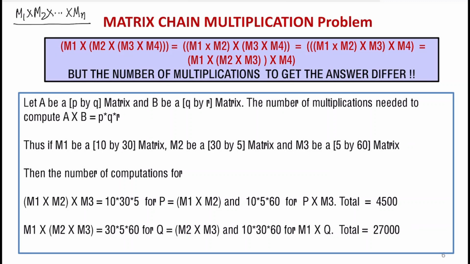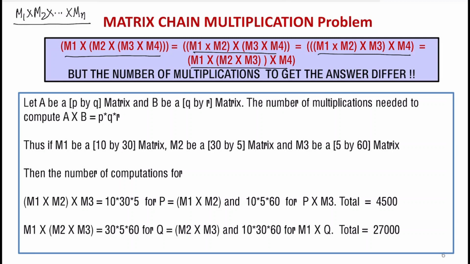Now matrix multiplication in this form is associative but not commutative. So as you can see, we could multiply it this way, or this way, or this way, or this way.